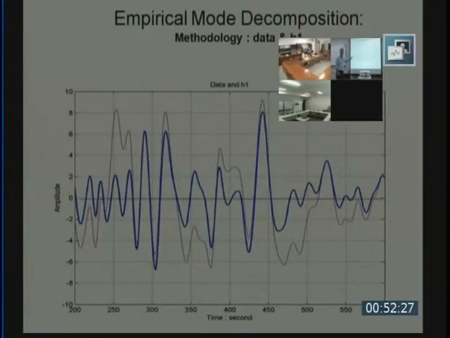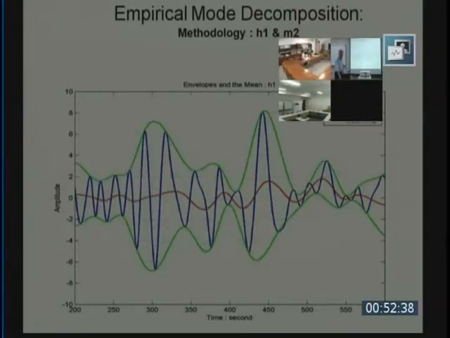Now, because this particular part still does not satisfy the Hilbert necessary condition, we can do it another time. So we plot the upper and lower envelopes again. When you plot this, you find the upper and lower envelopes become much more symmetric. Until you come to here, it is not symmetric.